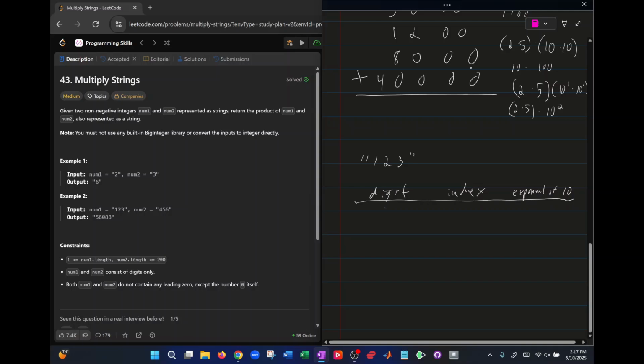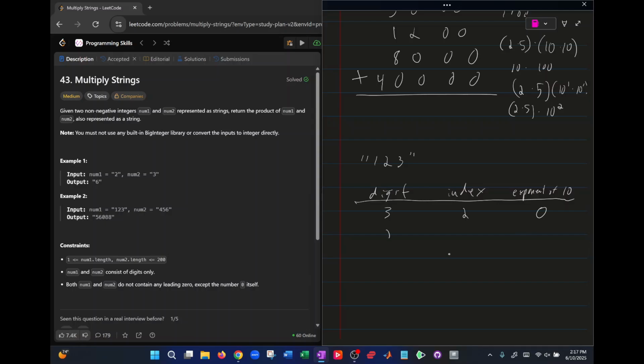So for 3 here, this is at index 2, and if you were to break out this digit, this would just be associated with the number 3. So that's 3 times 10 to the power of 0, because it's just 3 by itself. You don't need to add any more zeros. So the exponent of 10 here would be 0.